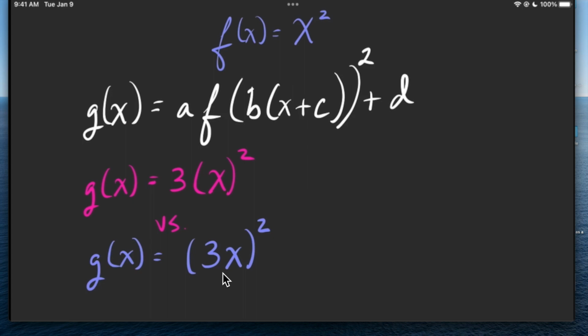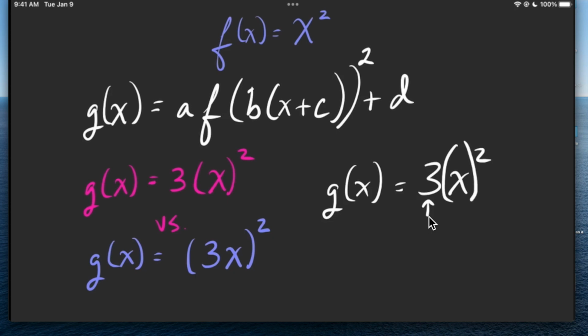Now, suppose your teacher gives you this. No parentheses listed. Whenever there's no parentheses, that means this integer out here is outside of the parentheses. So these will be the same.